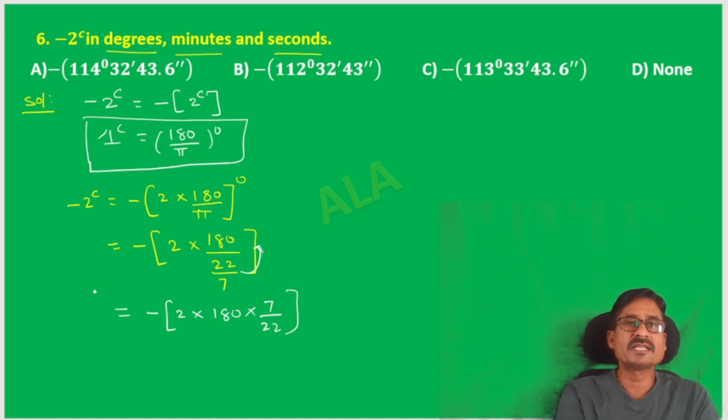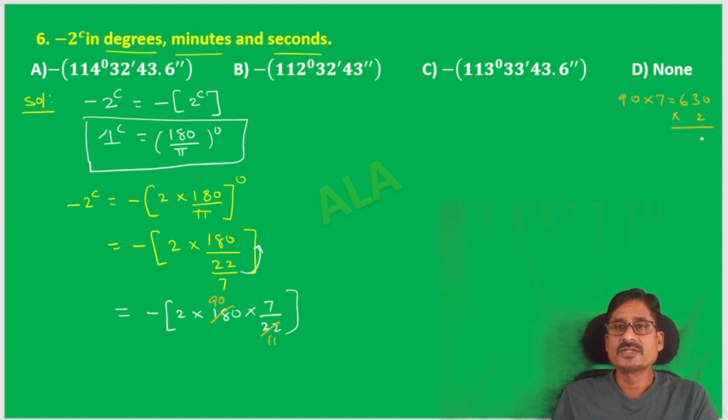Now are any cancellation possibilities there? Do the cancellation. 2 90s and 2 11s. Now that is 90 into 7, 630. 90 into 7 is how much? 630. 630 multiplied by 2.